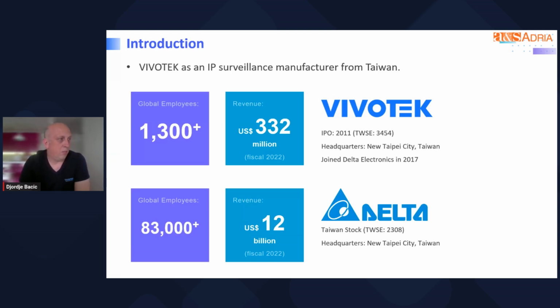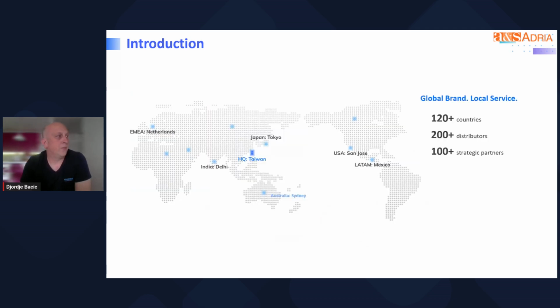Headquarters is in New Taipei, and we joined Delta Electronics in 2017. Delta Electronics is the biggest producer of electrical devices in the world. They have around 83,000 global employees, and revenue is around 12 billion USD, and headquarters is also in New Taipei City in Taiwan.